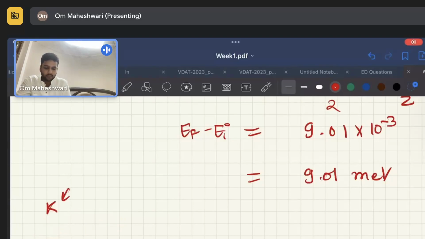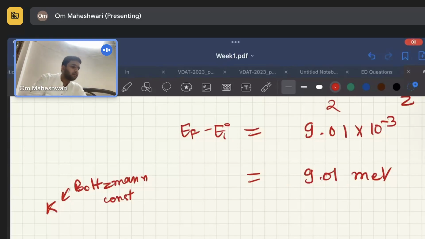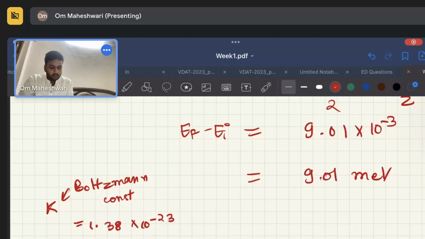K is the Boltzmann constant, and its value is 1.38 into 10 to the power minus 23 joule per Kelvin.